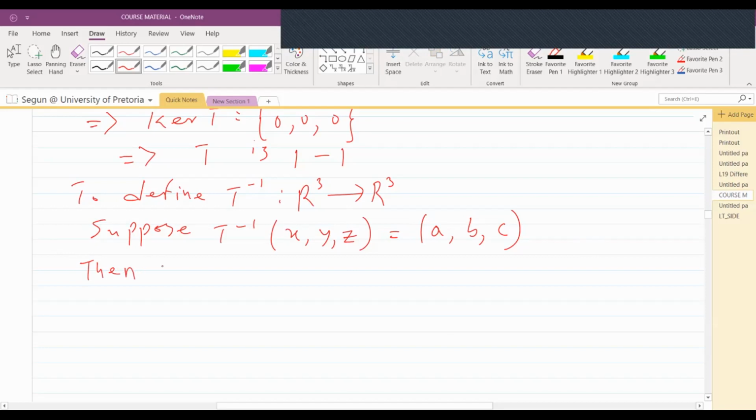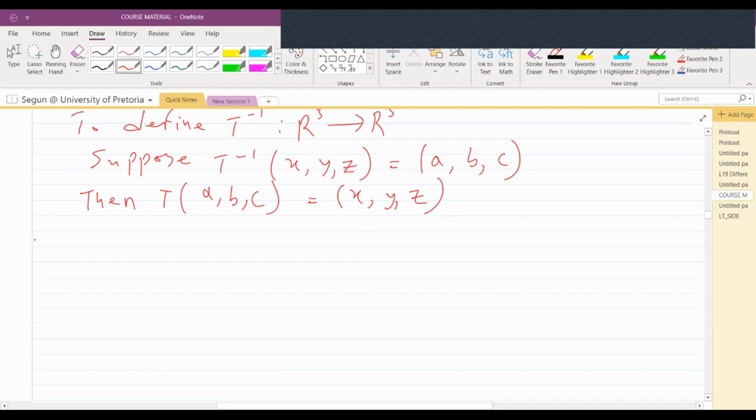Then our T of (A, B, C) is the same thing as (X, Y, Z). Meaning, the same thing we did the other time, we have (A plus B, B plus C, A plus C), which also maps to (X, Y, Z).